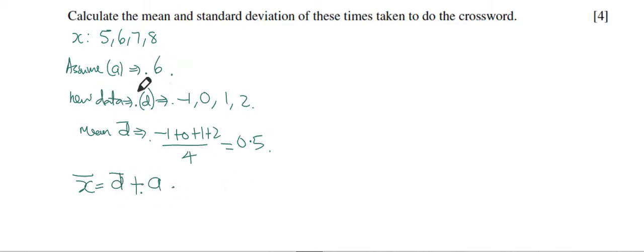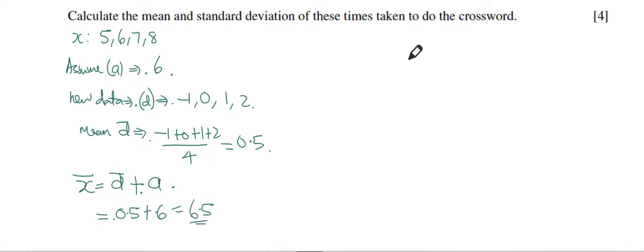We assumed initially 6, right? We just add that. So x bar is d bar, which is 0.5, plus the assumed value, which is 6, and when I add that, I get 6.5.